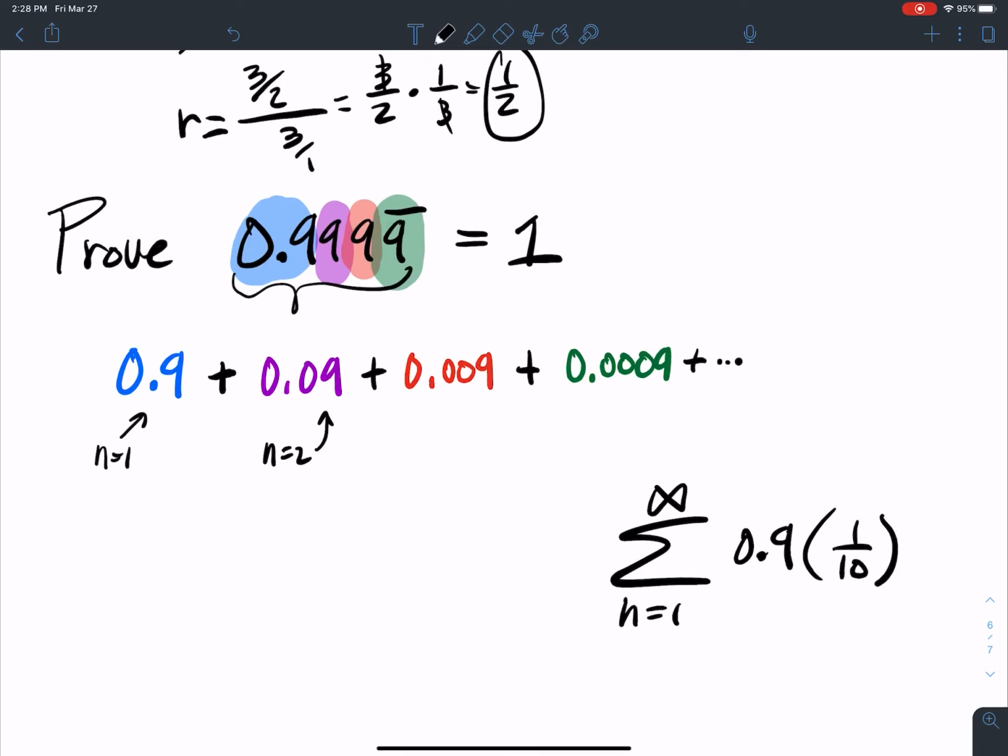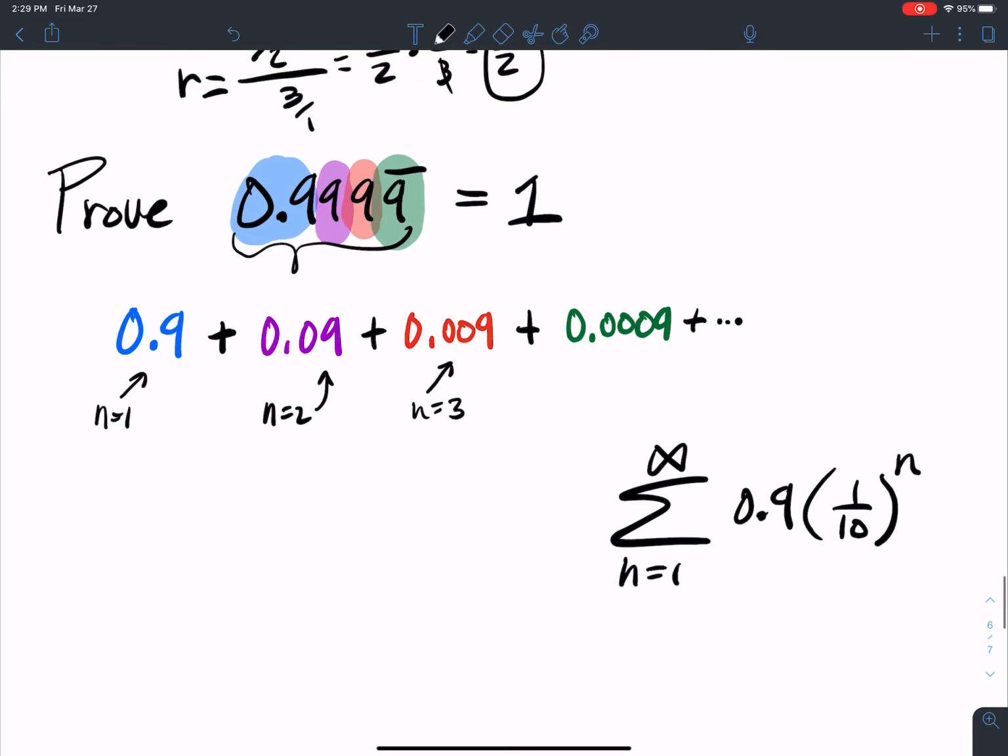All right? If I multiply by 1/10, all it does is move the decimal over, right? Same thing to get n equal to 3 gives me 0.009. I move the decimal over 2 places, right? So instead of multiplying by 1/10, I got to multiply by 1/100. So this is powers here of 1/10. If I put an n in here, does this get me what I want?